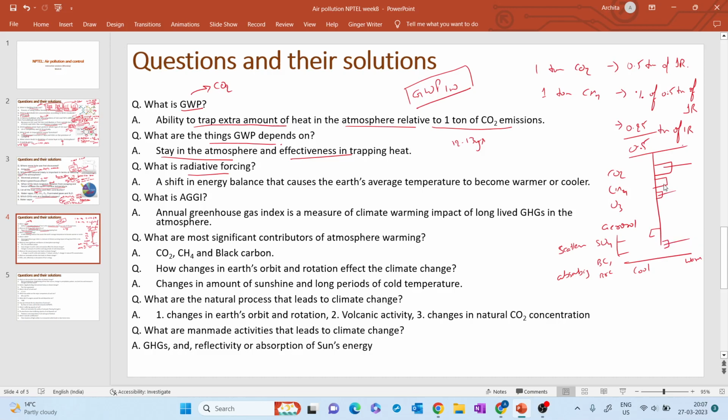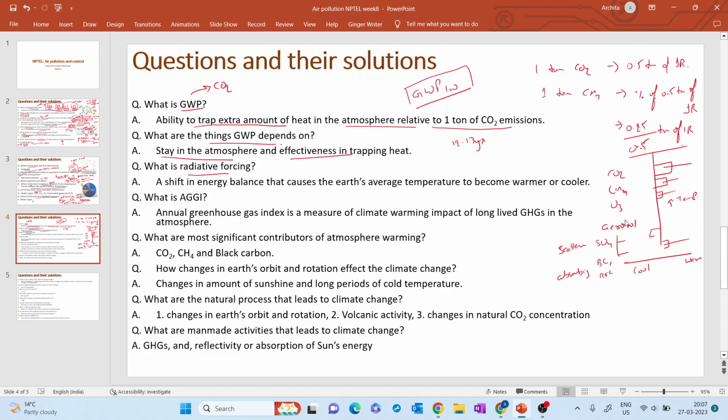Warming means that the pollutant is taking the energy, keeping the energy, and hence leads to increase in temperature. And scattering means that when the light hits a particle, it does not let it enter.